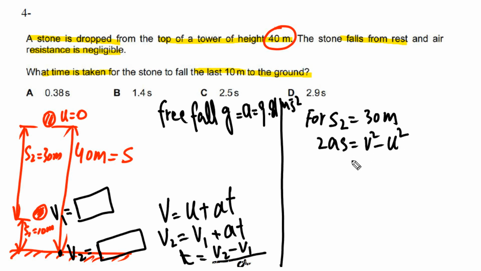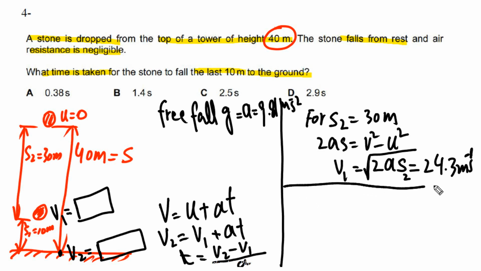So we need to find v square, and in this case v square is v1 squared. If we simplify this, v1 is equal to the root of 2as, where s is equal to s2, and our answer will be 24.3 meters per second. So this is the value of v1.